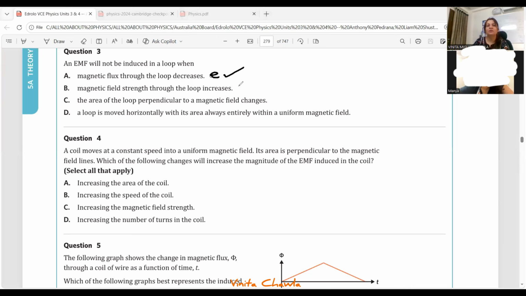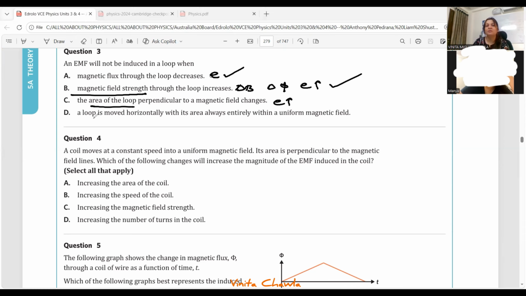If you are changing the magnetic field strength, because of the change in magnetic field strength, again, flux will change and hence EMF will be induced, no? And if you are changing the area of the loop perpendicular to the magnetic field, again, EMF will be induced because field lines will change.